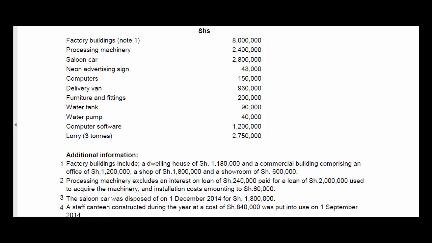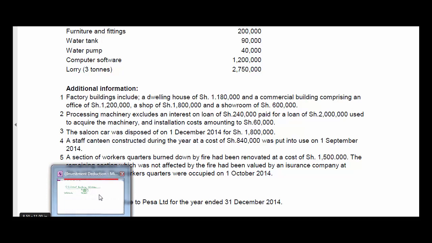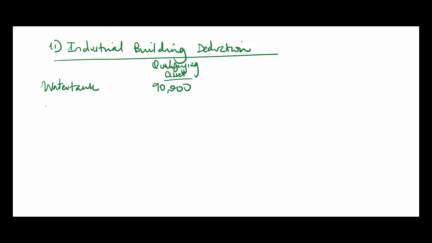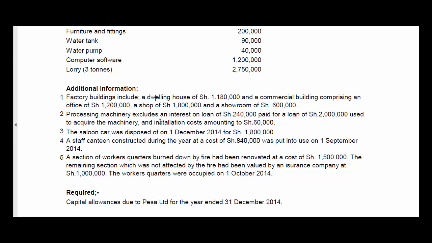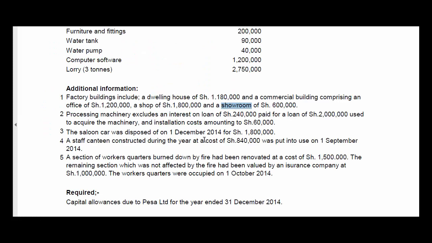Go to the notes. Note 1, factory buildings includes a dwelling house of 1,180, which is not part of that, and a commercial building comprising an office of 1.2 million. So this one is industrial building. Commercial building comprising an office of 1.2 million, a shop of 1.8, and a showroom of 600.